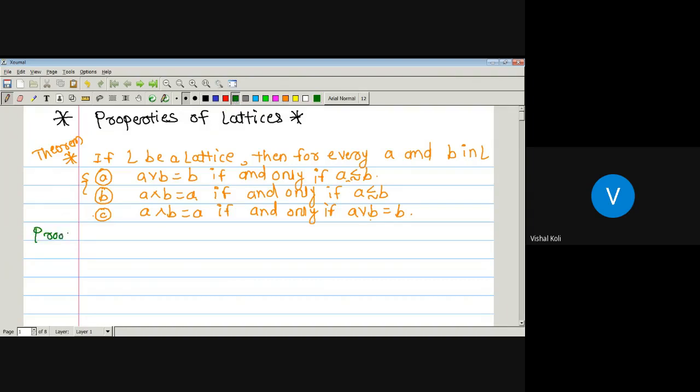Proof. Here we have to prove that a join b equals b if and only if a precedes b. First we will take a join b equals b.